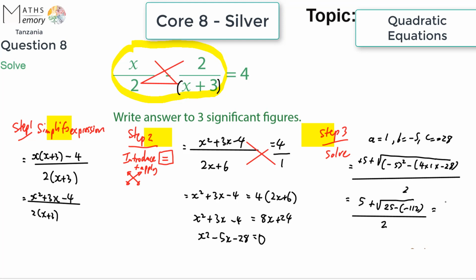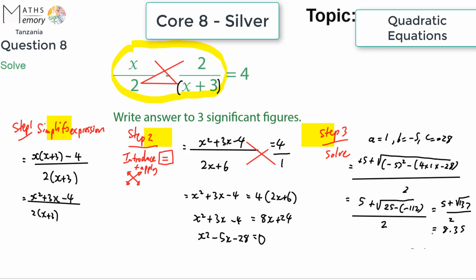So if we do this, we're going to get 5 plus root 137 all over 2, which would give us an answer of 8.35, if we have the positive version.